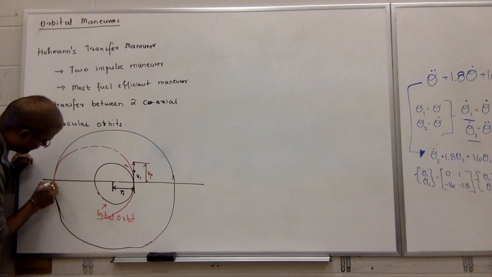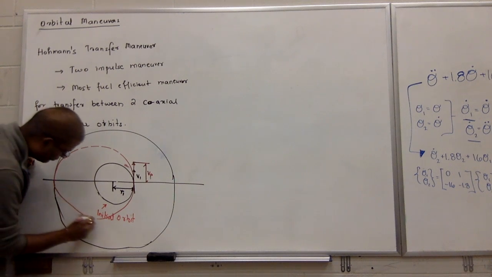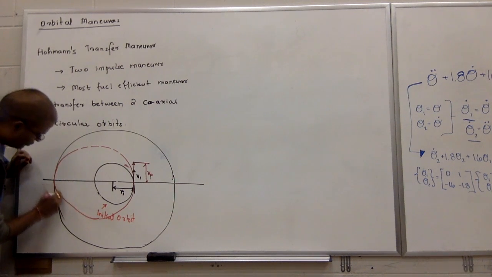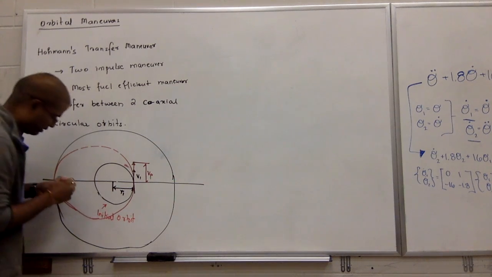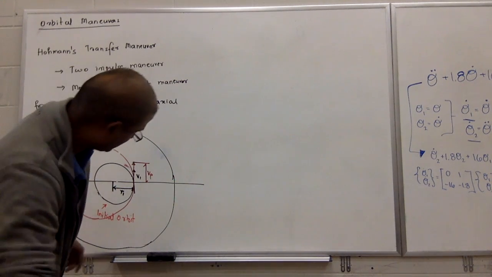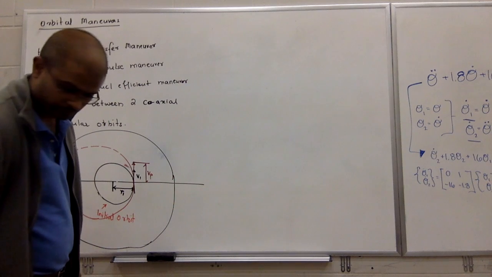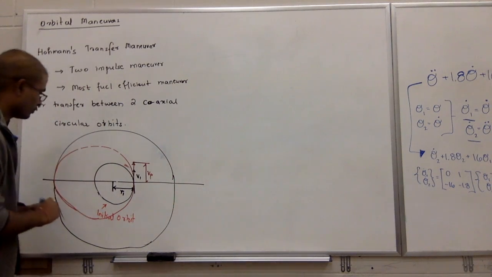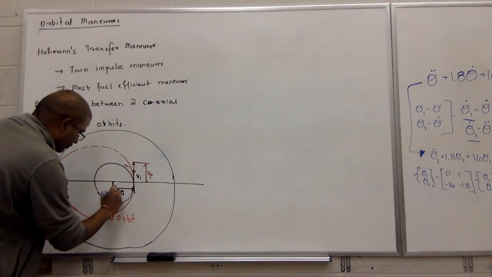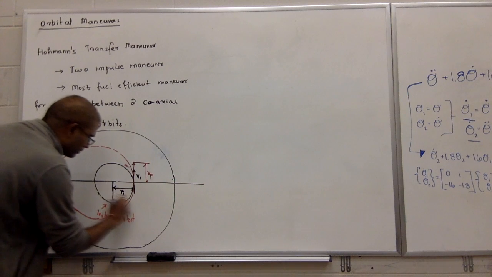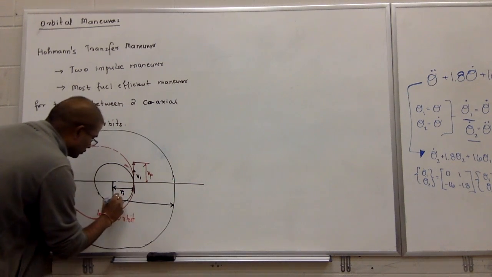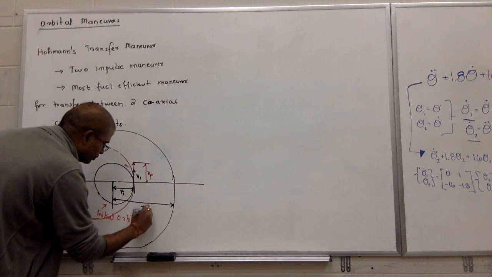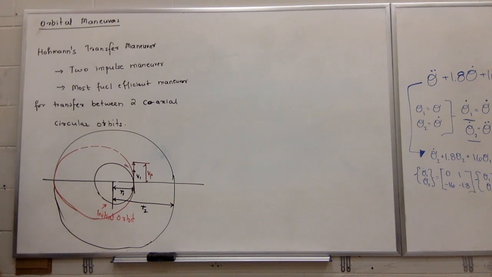Elliptical orbit. Okay. Can you tell me what this is? Can I say this is R2? Okay.